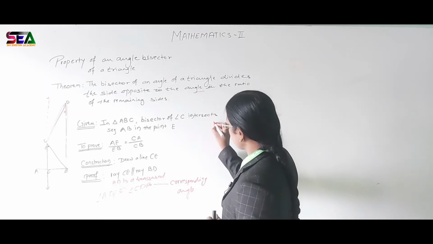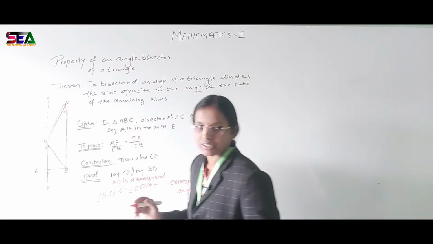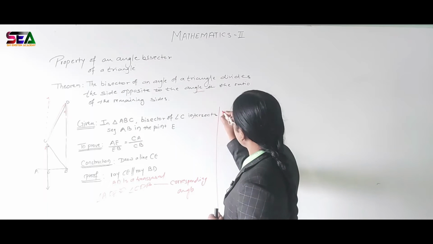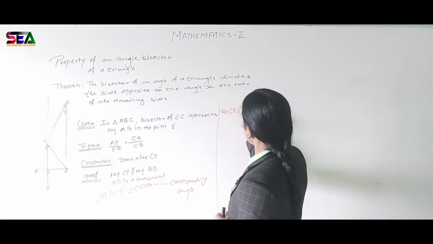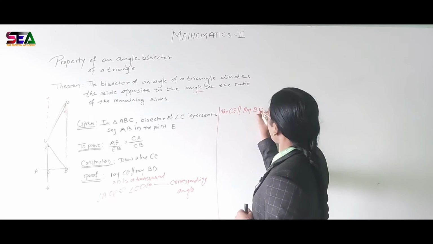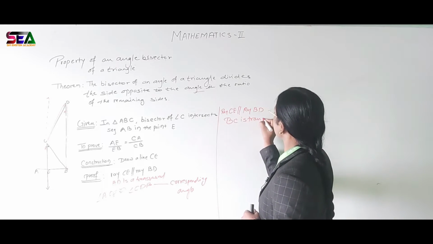Okay. Now if BC is a transversal, see, ray CE is parallel to ray BD and BC is a transversal.